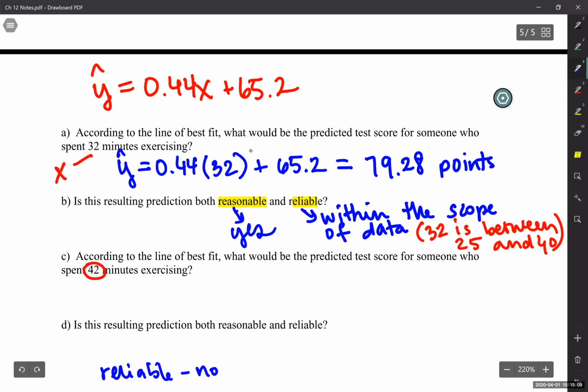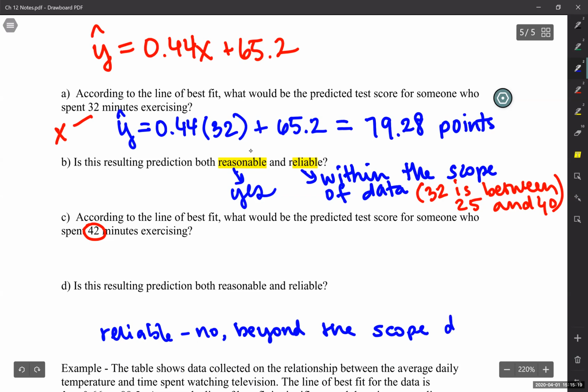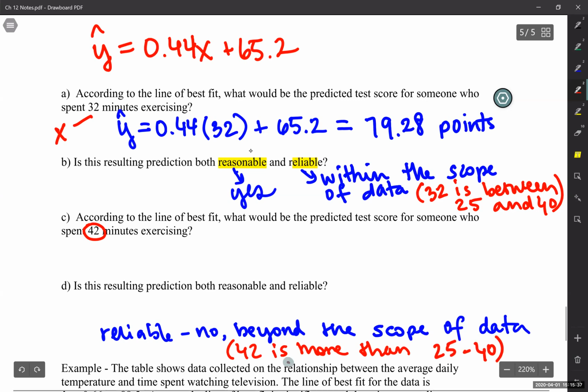No. And the reason is it is beyond the scope of data. 42 is more than our interval of 25 to 40, so we can't use 42 to predict it.